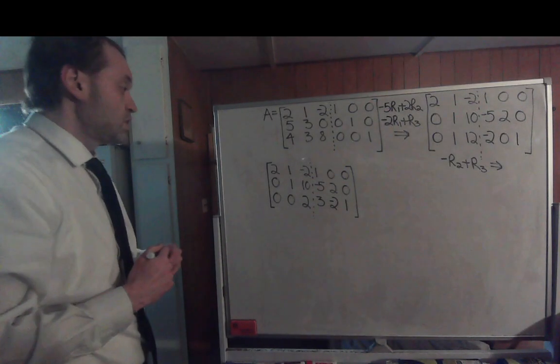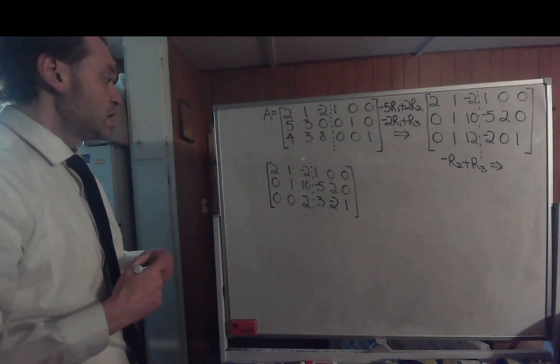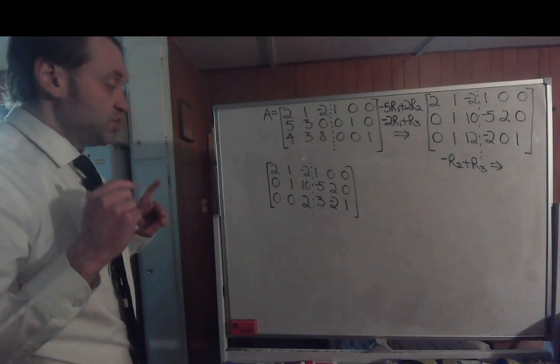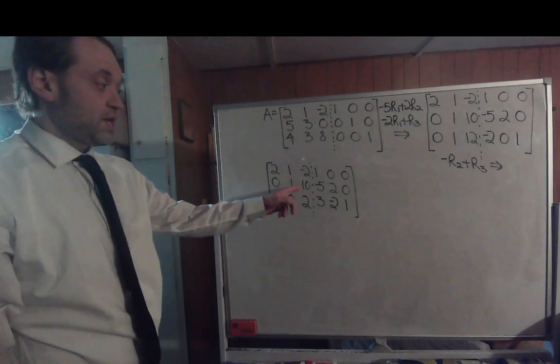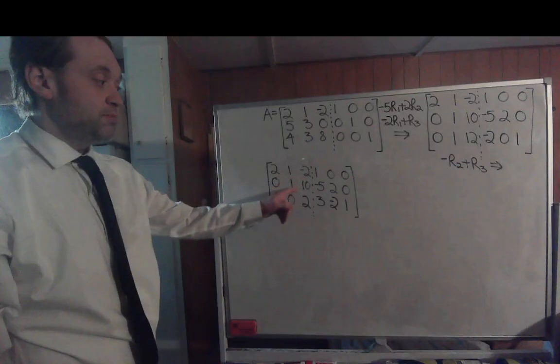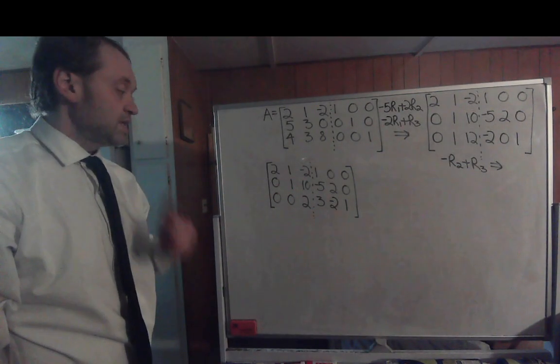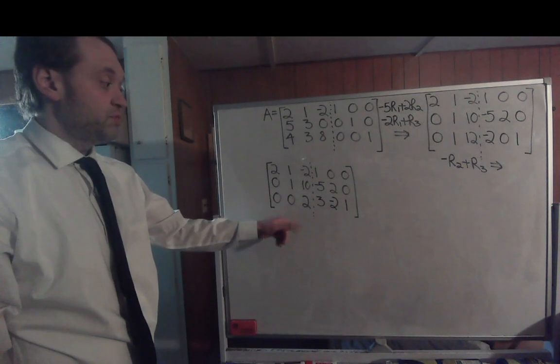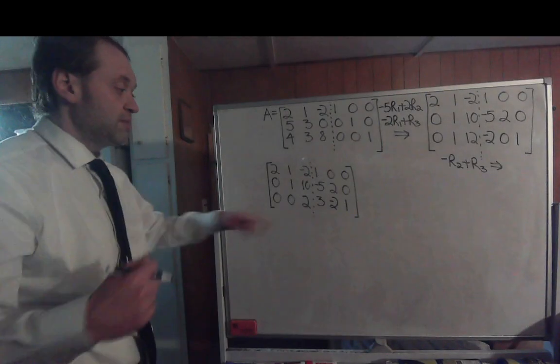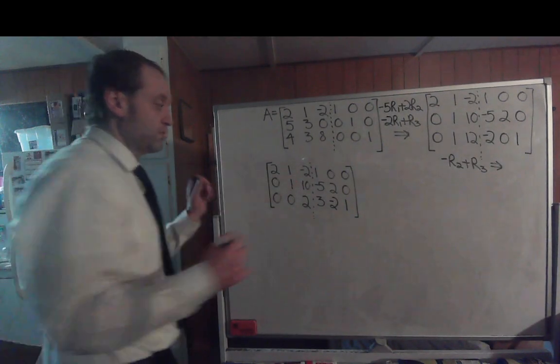Now, what I'm going to suggest we do next is make the third entry in both rows 2 and 1 become 0. So let's deal with rows 1 and 3. Well, that's by inspection. If we just add row 3 to row 1, we can make that last entry become a 0 in row 1.